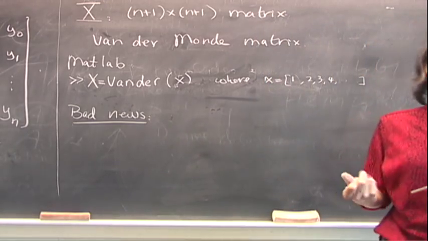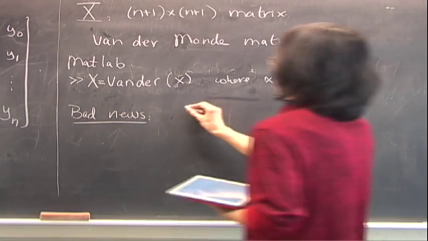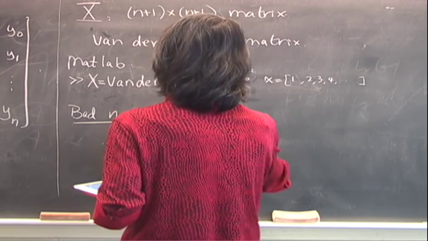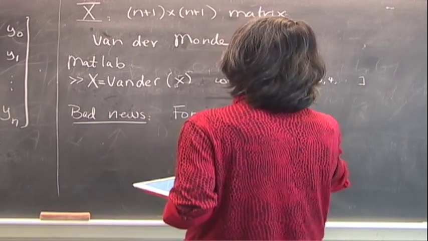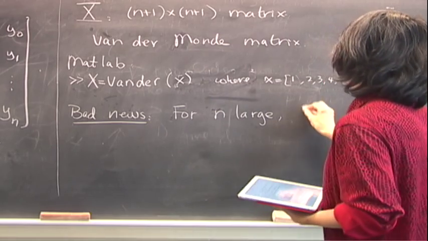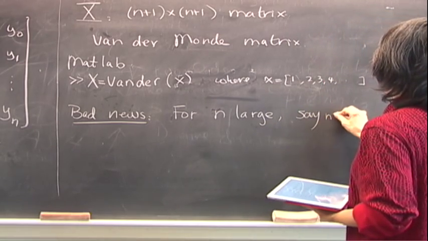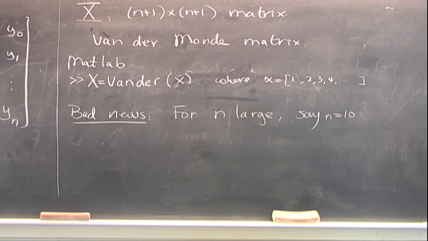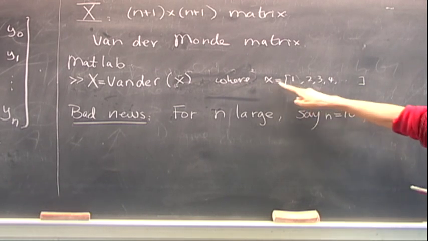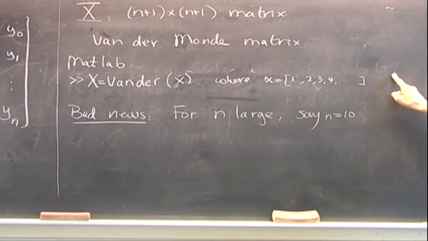The bigger, the worse. So the bad news for the Vandermonde matrix is, for n large, it doesn't really have to be very large. Say you can put in n equals 10. You can go to MATLAB, give x as 1, 2, 3, 4 all the way to 10.